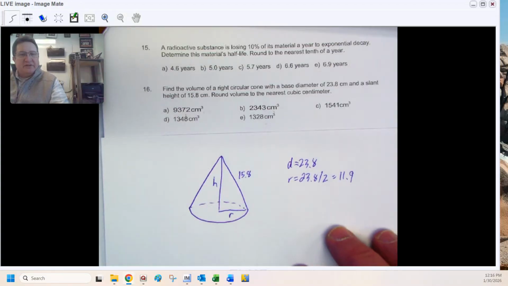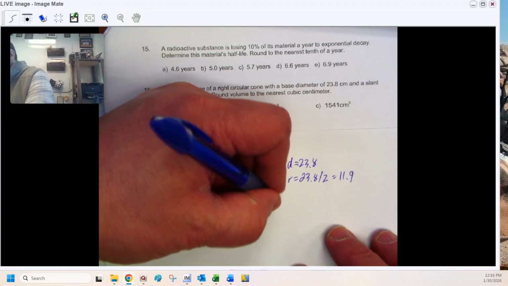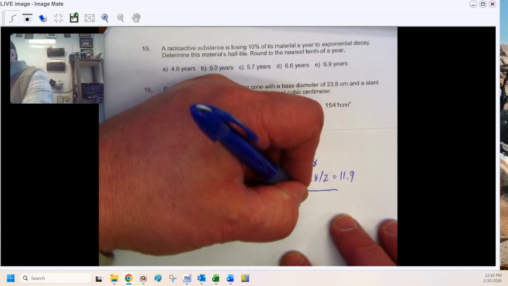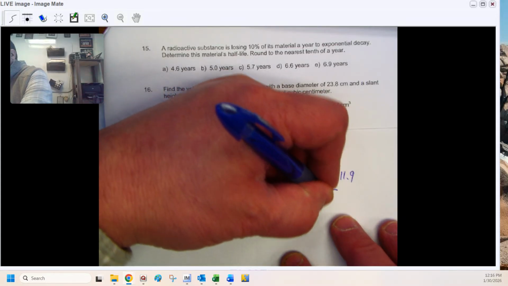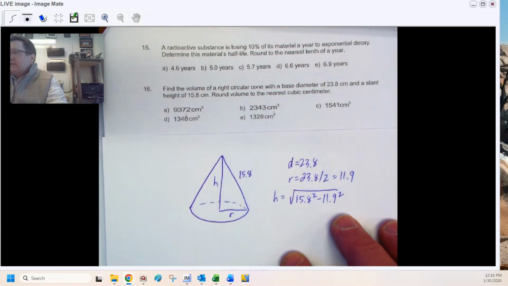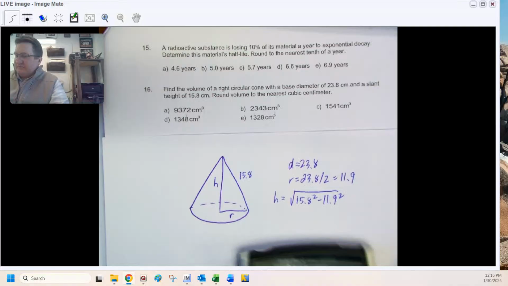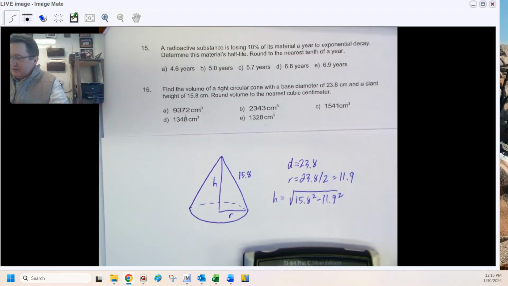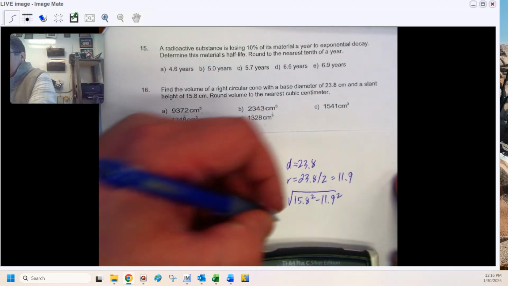And so we can find the regular height using the Pythagorean theorem. If you took the square root of 15.8 squared minus 11.9 squared, that would give you the height. So we've got the square root of 15.8 squared minus 11.9 squared, and it's this number here.